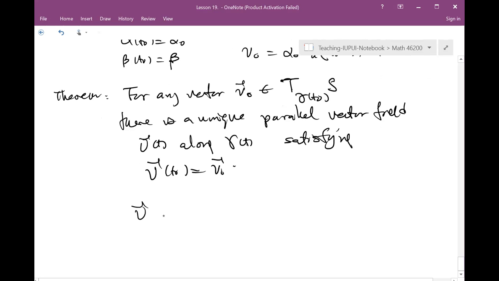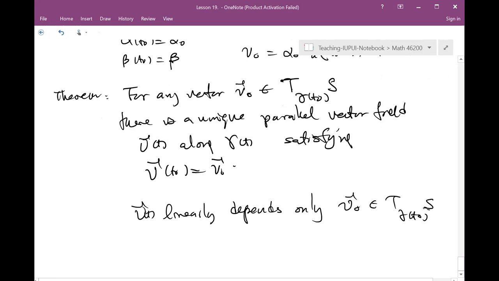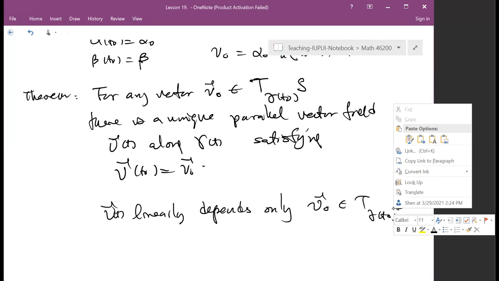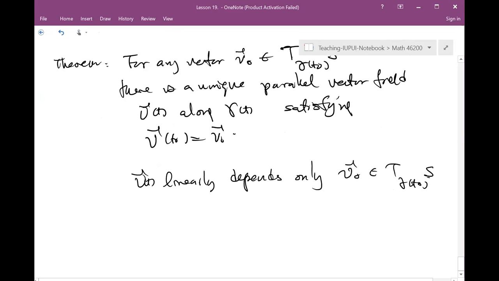And because the equations are linear, V of t linearly depends on the initial value. That means it's always a linear combination. In other words, what does it mean?